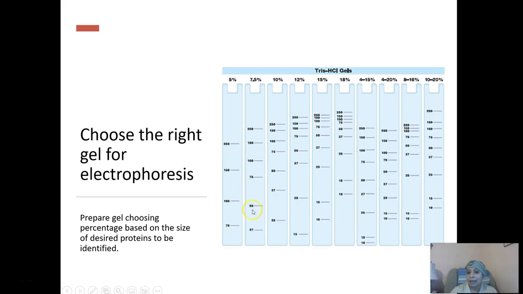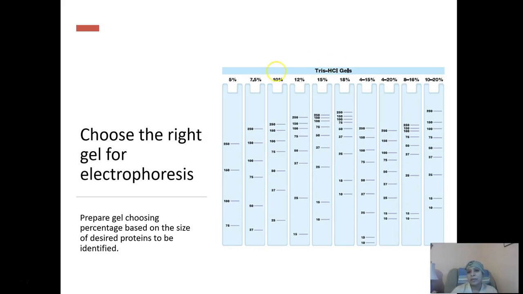So that area between 37 and 75 is really long, and you can easily resolve each of those 3 individual proteins and examine them very easily. Versus if you chose a 12%, a little bit higher concentration, now that area is really squished up and it may be hard to detect the different proteins that you're trying to look at. So you want to look at these kinds of charts very carefully and choose the appropriate percentage for your needs.